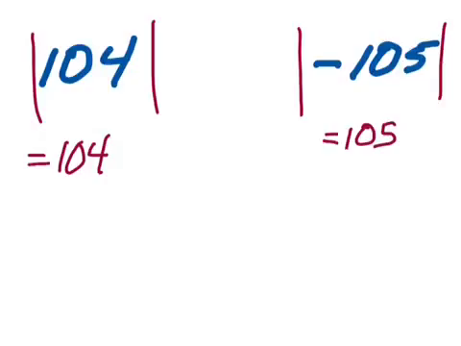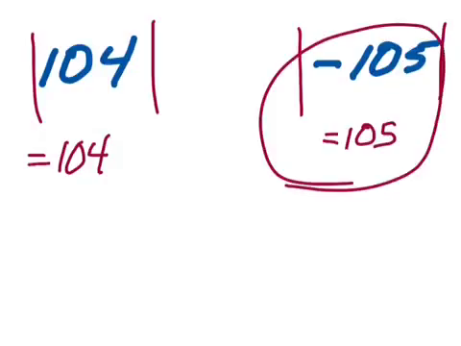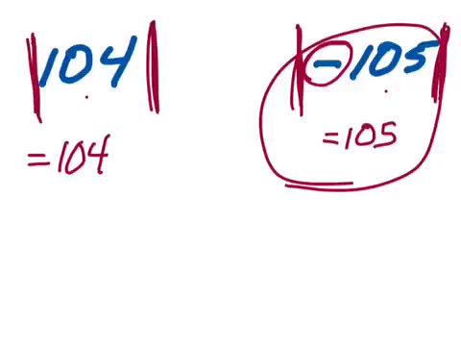So which one has the larger value? The absolute value of negative 105. Which is a little bit counterintuitive, because 105 is bigger than 104, except for this negative and the fact that we're looking for the absolute value. That's the only thing that makes it bigger.